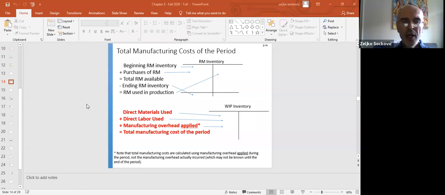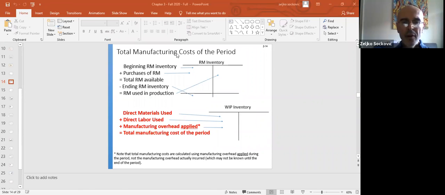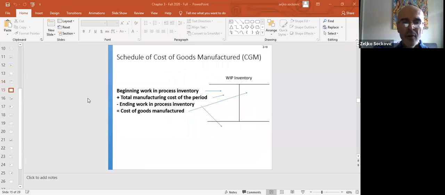Okay, so here, beginning work in process inventory, as you can see. Here we have cost of goods manufactured. This is going to finished goods. Here we have ending inventory.